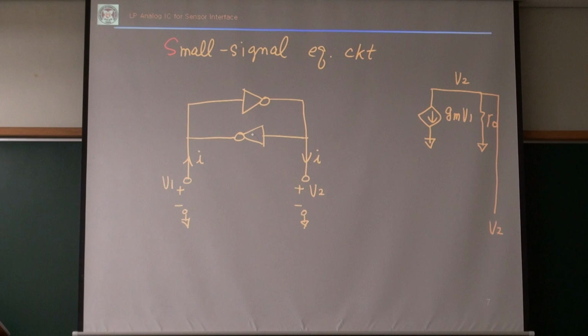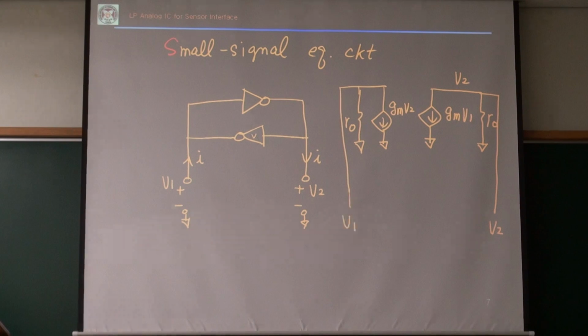How about the lower inverter? Similarly, it has gmV2, and this is my V1 here. I want to calculate the current going in and going out; they should be the same.